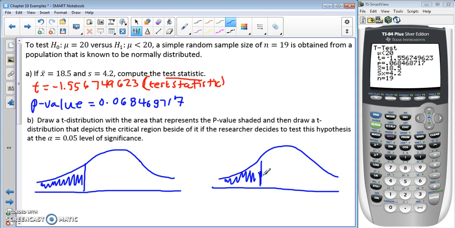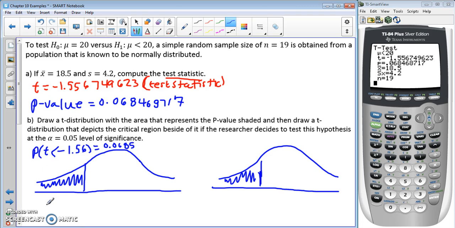So the p-value is actually the probability that t is less than negative 1.56, and that is equal to 0.0685.